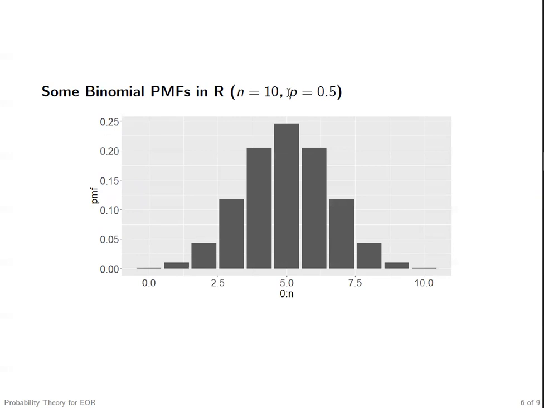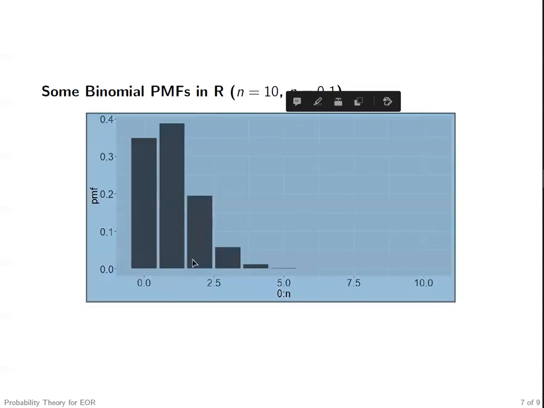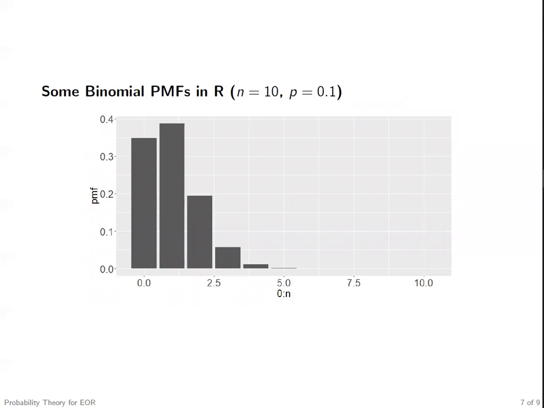Now, if we shift the value p from half to some smaller value, you can pause the video here and think about what would happen to the PMF. Well, if the successful rate of getting a head is getting smaller, apparently more probability is gonna shift to smaller values, right? Because it's getting harder and harder to have heads, you're gonna see more probability mass shifted to the left part.